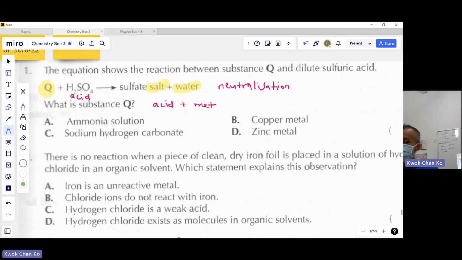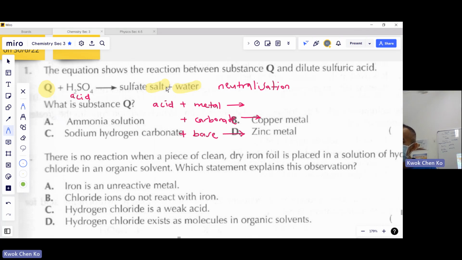Acid plus metal. Acid plus carbonate. Lastly, acid plus base. Do you think this is a copper here? Because copper is a metal, right?